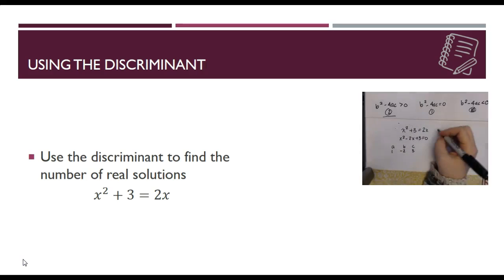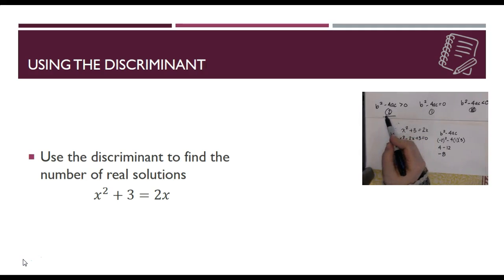So I'll plug those into my discriminant. I've got b squared minus 4ac. So that gives me negative 2 squared minus 4 times 1 times 3. And then negative 2 squared is 4, minus 4 times 1 times 3 is 12. 4 minus 12 is negative 8.